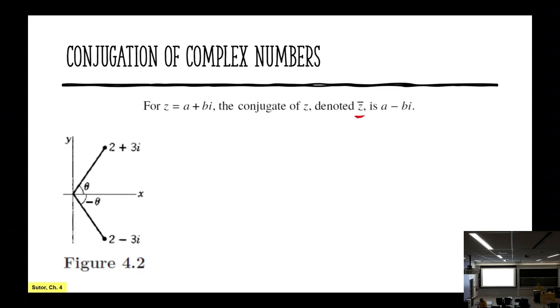So complex numbers always come in conjugate pairs. And so you can think of these conjugate pairs as symmetrically related to each other. So if we're plotting them in our complex plane here, you can see that they're related by just a mirror reflection about the x-axis.